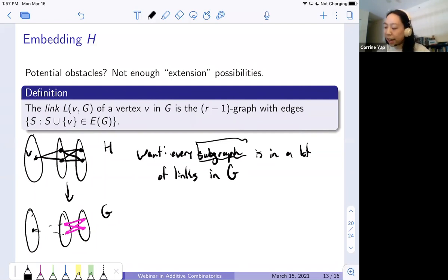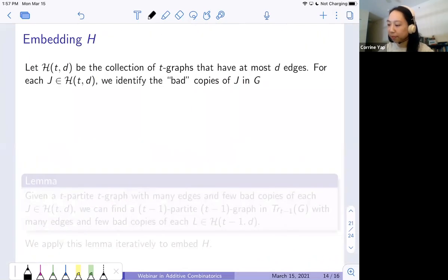But if I just say every subgraph, there are a lot of possible subgraphs that could come up in these 2 parts. So it seems infeasible to demand something of every subgraph. But it turns out that we don't need to look at every possible subgraph that could come up in these 2 parts. We now use our D-trace bounded hypothesis.